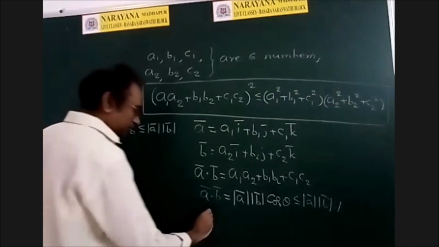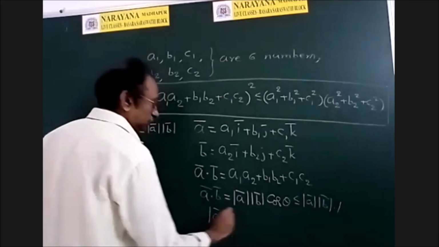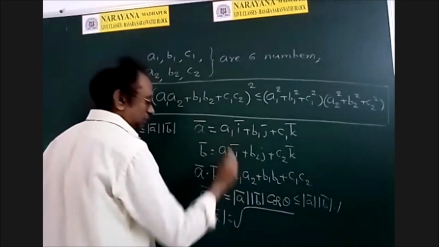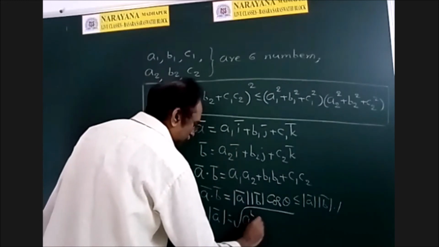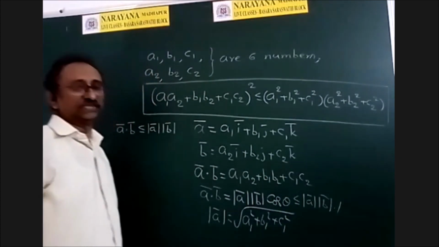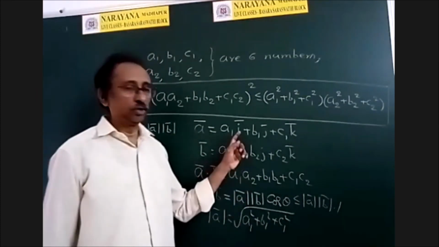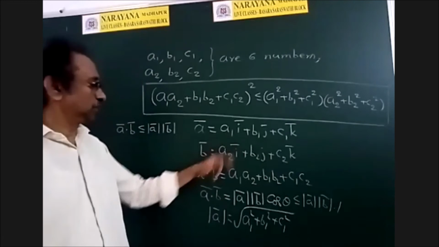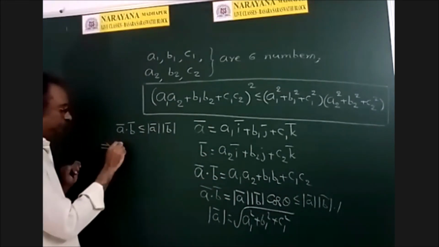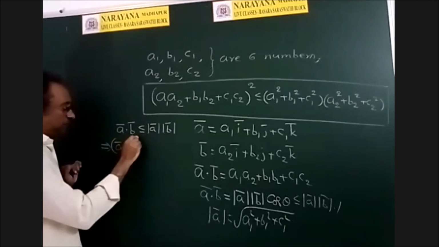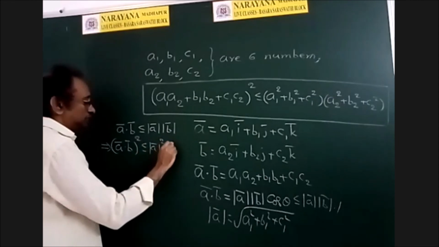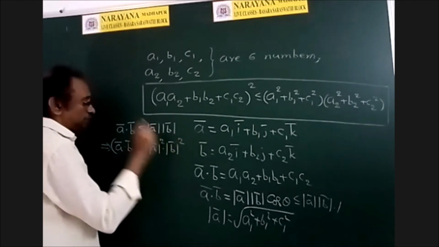Now what is the magnitude of A bar? If this is the vector, the magnitude of A bar is defined as square root of A1 square plus B1 square plus C1 square. That is nothing but the distance from the origin to that position vector. Similarly, you can write B bar. Now see, squaring on both sides, A bar dot B bar whole square is less than or equal to mod A bar square into mod B bar square.